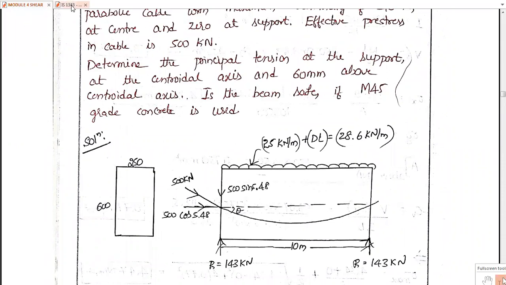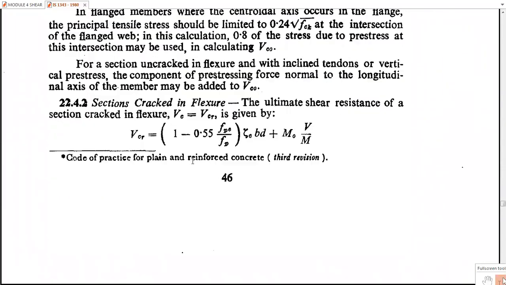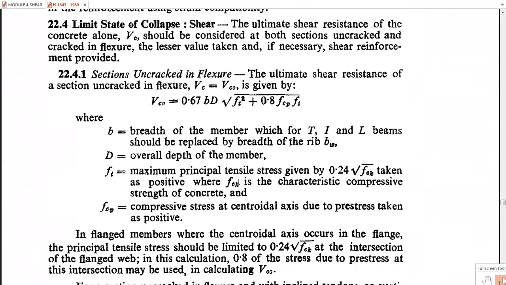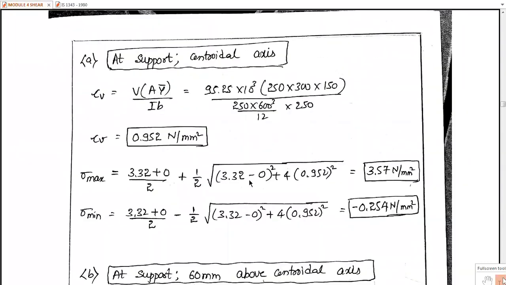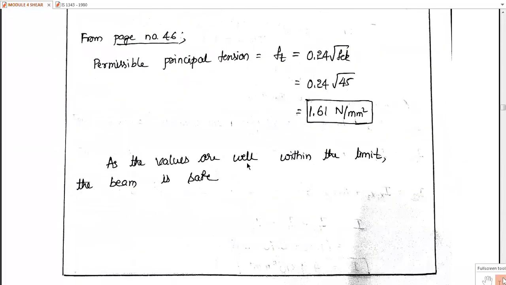In the code book, under page number 46, the maximum permissible tensile stress is given by 0.24 root fck. Therefore, we need to check with the grade of the concrete. Permissible tensile stress ft is equal to 0.24 root fck.